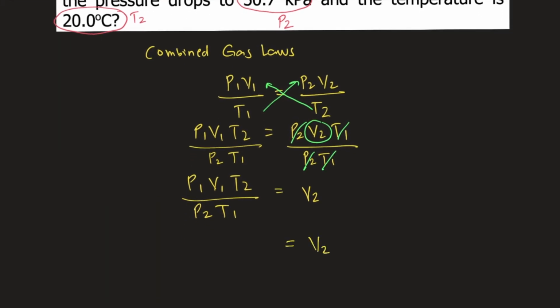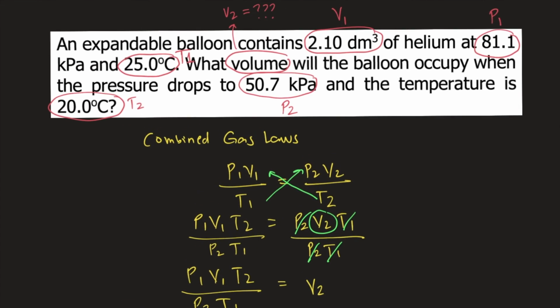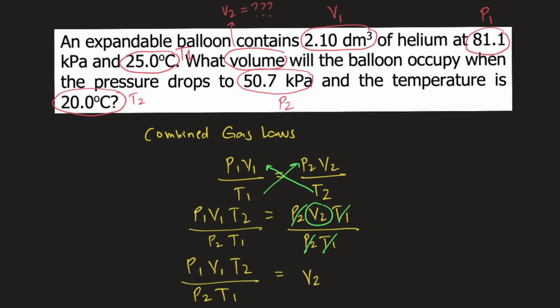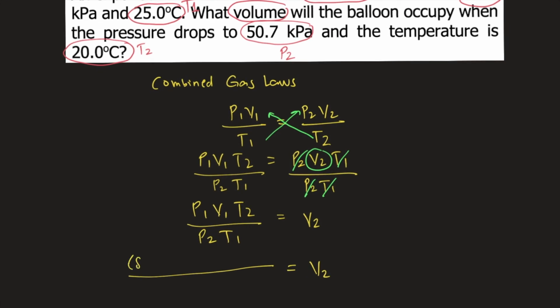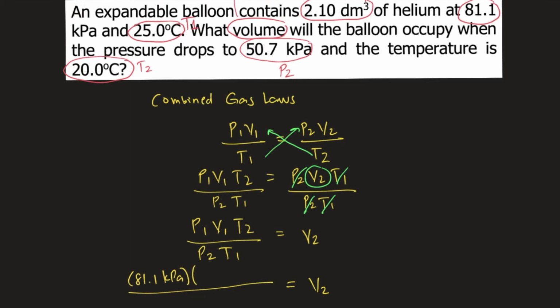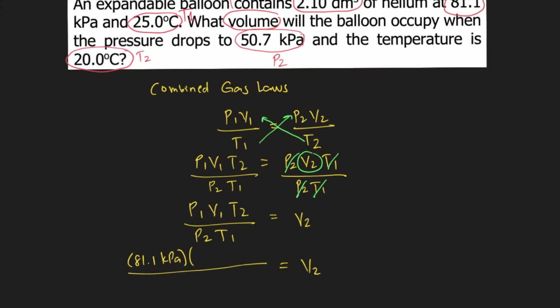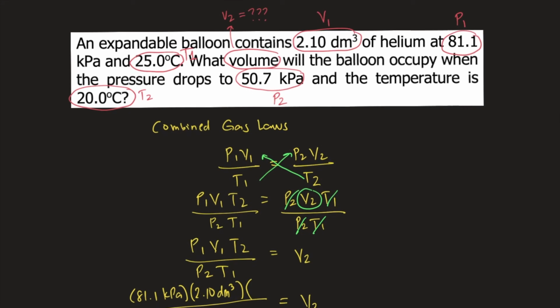So according to the problem, P1 is equal to 81.1 kilopascal. V1 is 2.10 dm cube. And T2 is 20 degrees Celsius. So don't forget that when you are using gas laws, you need to convert degrees Celsius into Kelvin.